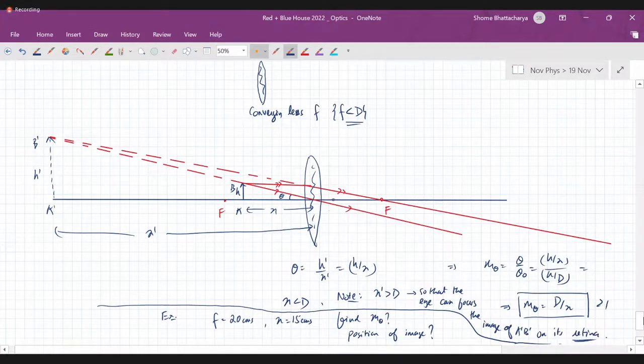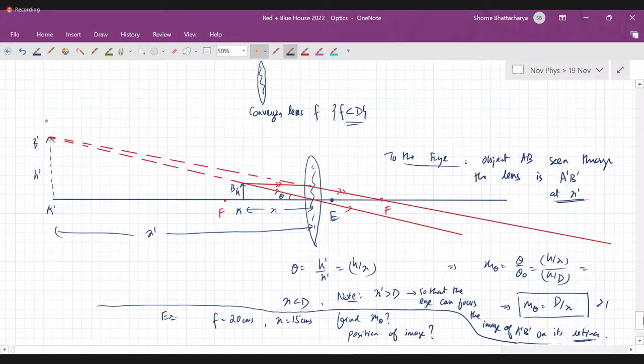The human eye is observing this from this side, and to the eye, the object AB seen through the lens is A prime B prime at x prime.